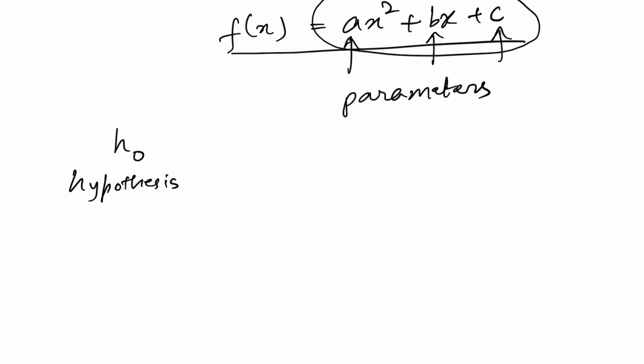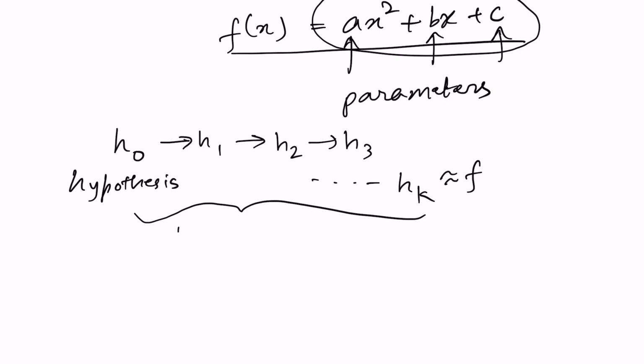You are suggesting that this could be the function, or this could be the function. Now h naught is very unlikely to be the right answer. So you go step by step: you go to h1, then h2, then h3, and after k steps you reach hk, which starts to look very similar to f. This process is called training the model.